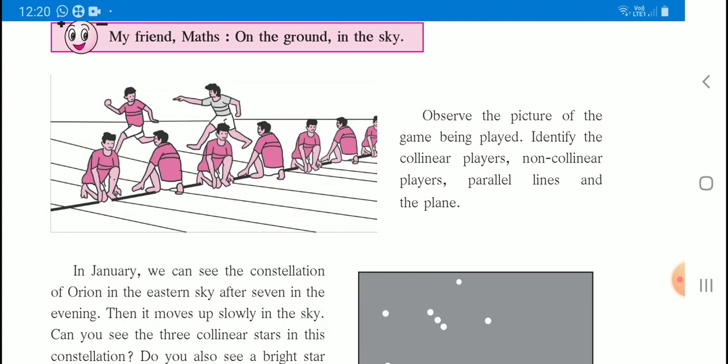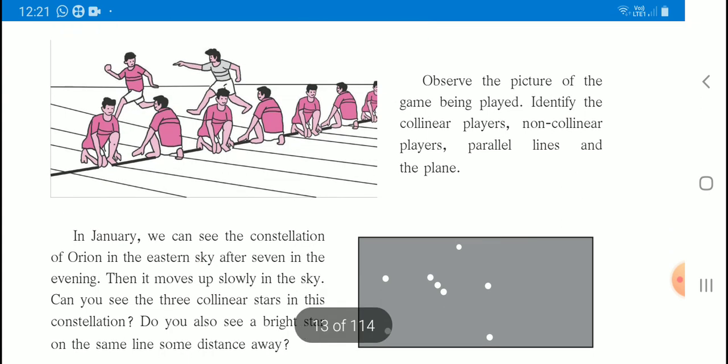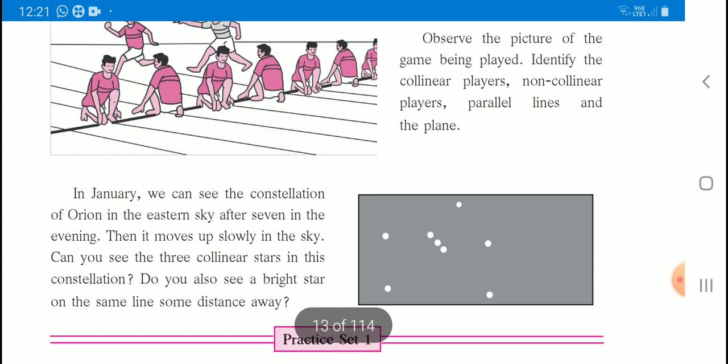So here the players who sit in a straight line are collinear players, and those who are not in a straight line are non-collinear players. Parallel lines and the plane. Parallel lines means the lines which do not intersect each other, and plane means the flat surface.